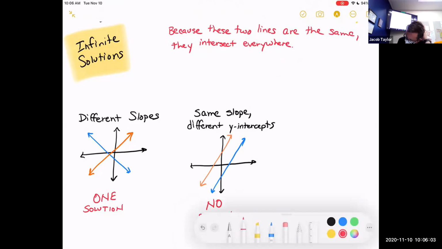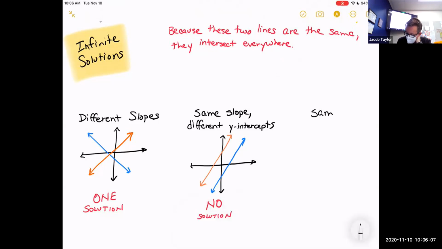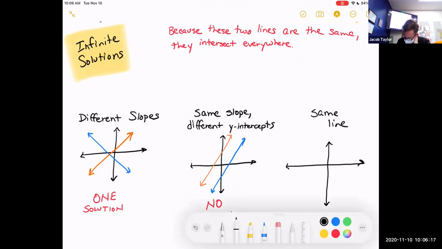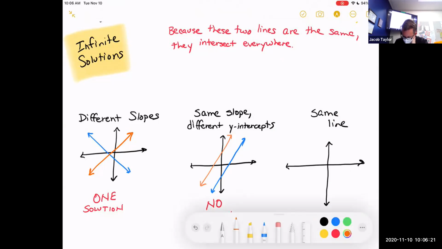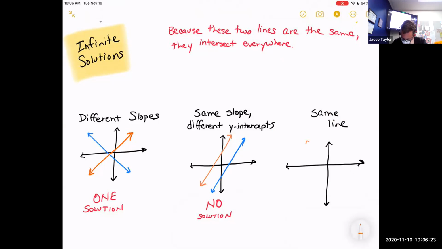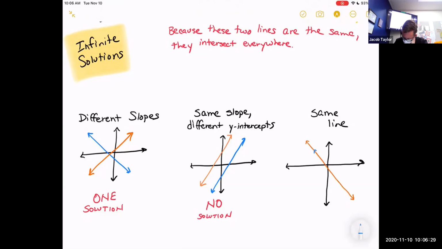And the final possibility is that they are the same line. The same line, meaning they have the same slope and the same y-intercept. And that is infinite solutions. Yes, the infinite sign is great, in case you want to go to infinity and beyond.